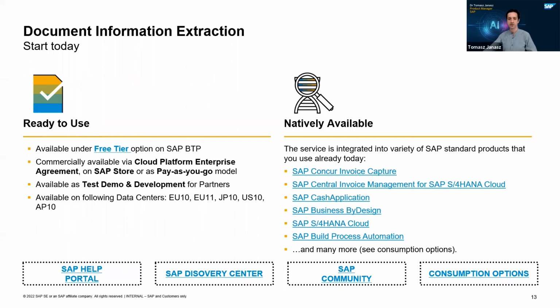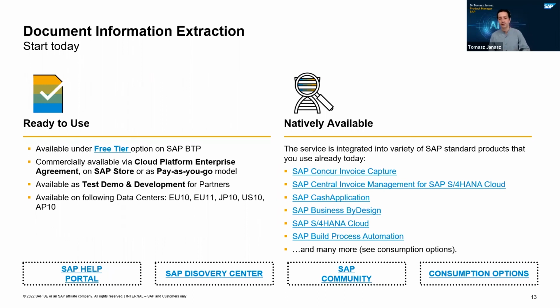document information extraction. You'll find the service and its capabilities in Central Invoice Management for SAP S/4HANA Cloud. It's also part of SAP Cash Application. For small and mid-sized companies, it can also be used in the scenario of intelligent invoice scanning, and also many more in Business ByDesign.